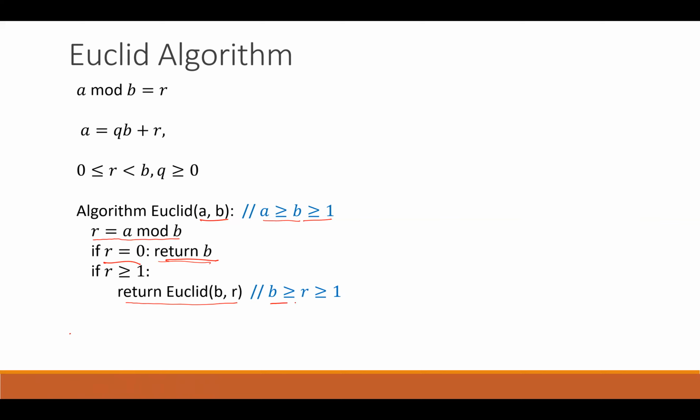It just so happens that if I divide by a number B and it doesn't go in evenly, then the remainder is going to be less than B.